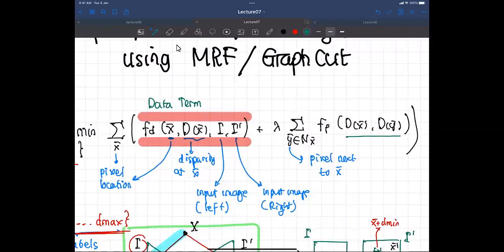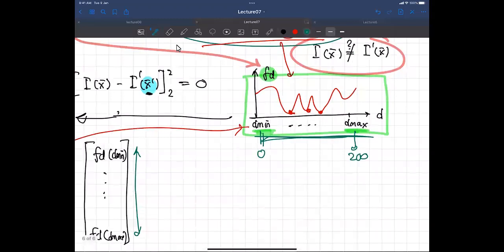The expression is local, single pixel and neighboring pixel. But when you combine this into a complete graph, the optimization becomes global, and the choice of the depth is automatically done by optimization.